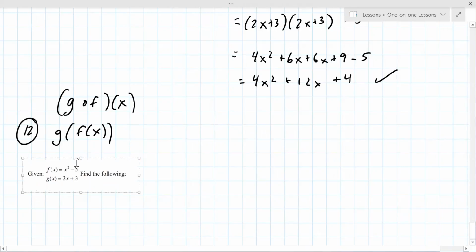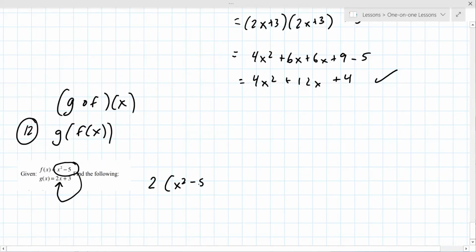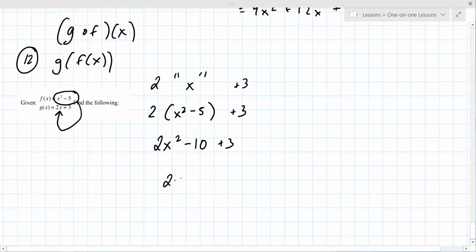So you're taking f of x, which is x squared minus 5, and you're putting that into there for g of x. You take the inside and put it into the outside. So it's 2 times x squared minus 5 plus 3, because that's the 2x plus 3, and that's your new x. You distribute in 2x squared minus 10 plus 3. So you have 2x squared minus 7 for that.